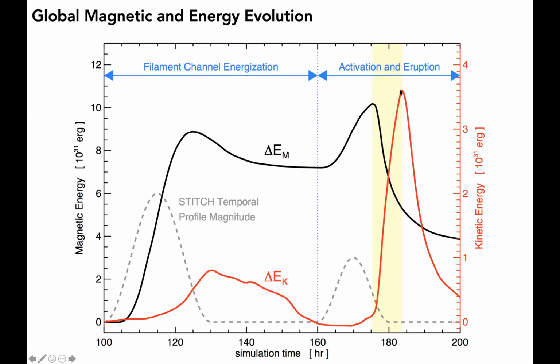We've called this the impulsive phase of the flare, because you've got this rapid drop of 3 times 10^31 ergs, and then a rapid increase in kinetic energy over the same time period. And then as the kinetic energy comes down, this is the erupted field leaving the domain.